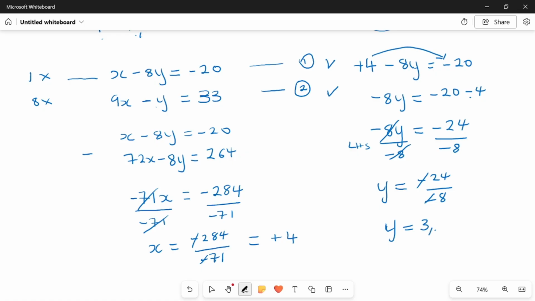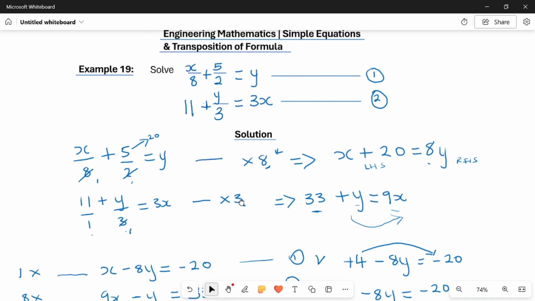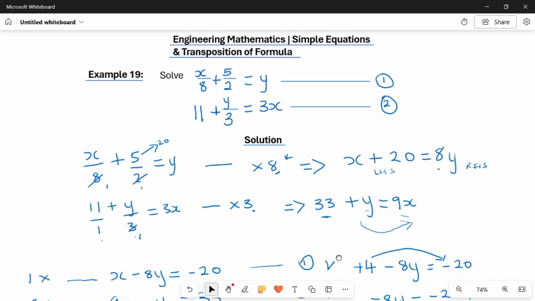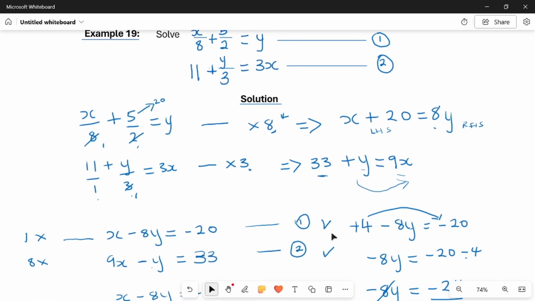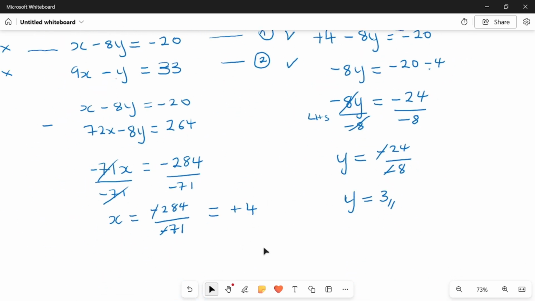So y is equals to 3. This is our final answer. Please, you can go through it again. Simultaneous equations can be tricky sometimes, so you have to be careful while solving so you don't make mistakes. We've gotten our value for y, which is 3, and our value for x, which is 4.